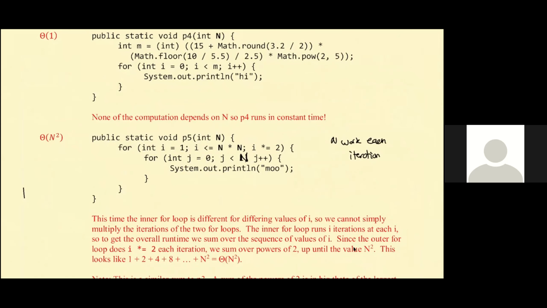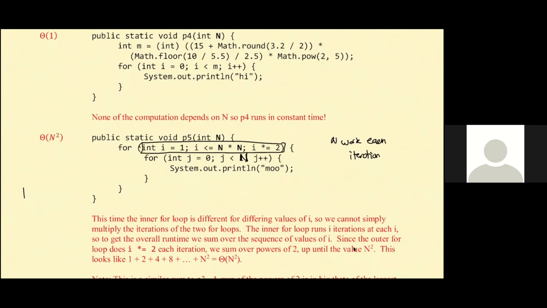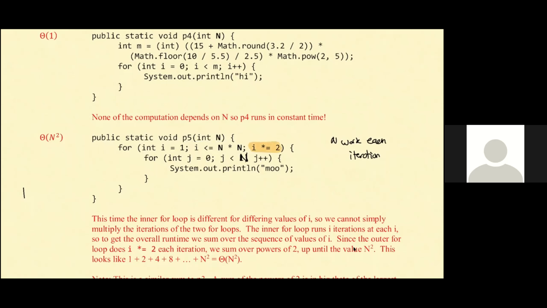Okay, so this is a bit of where the math comes in. If you look at this for loop, how many times does this for loop get executed? N squared times. Ah, subtle. Sorry, I mean it's going to be 1 and then 2 and then 4 up until n squared. Yeah, exactly.